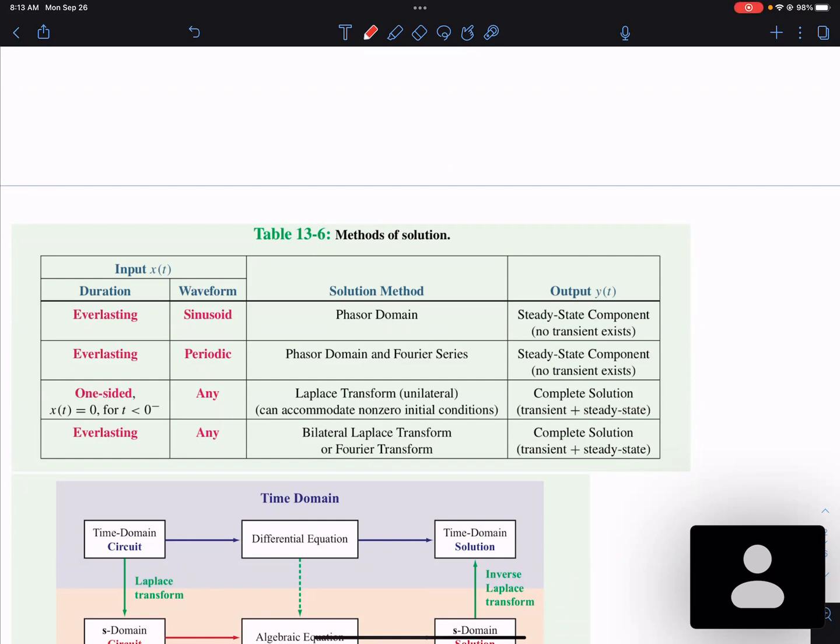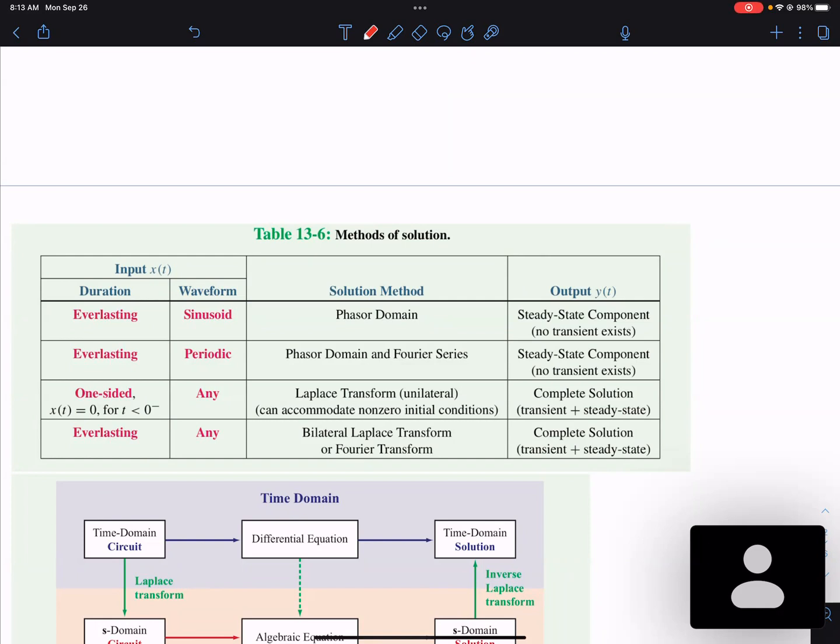That made it much easier to manipulate those equations to get a solution, and then you transformed it back into the time domain. The limit was that you could only do it with a sinusoid, because the sinusoid became e raised to the j theta t in the phasor domain. So that is limited to an input of a sinusoid.